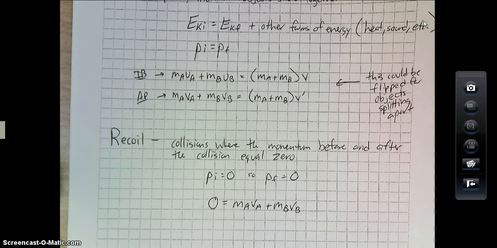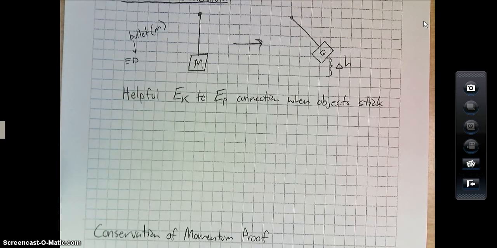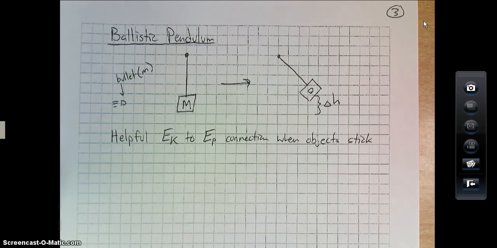Okay. All right, so those are the types of collisions: elastic, inelastic, and recoil. I want to go over a helpful problem. This is a pretty common problem in physics called a ballistics pendulum. Sometimes it's helpful in trying to solve for, say, the initial velocity of some sort of object.